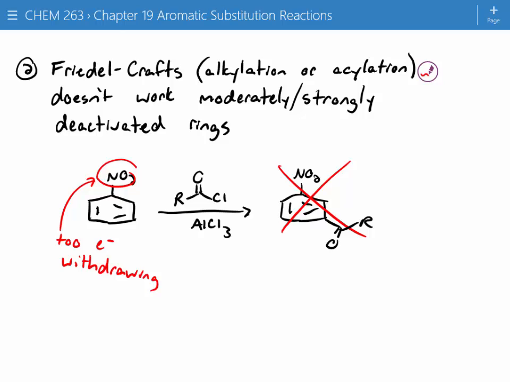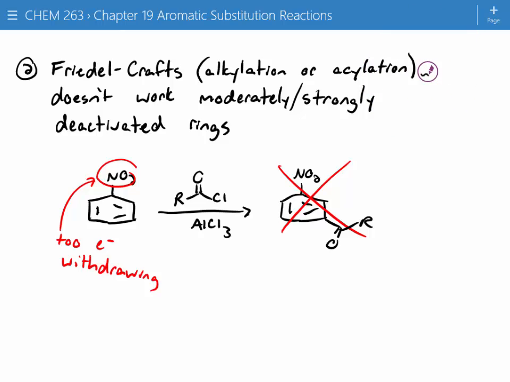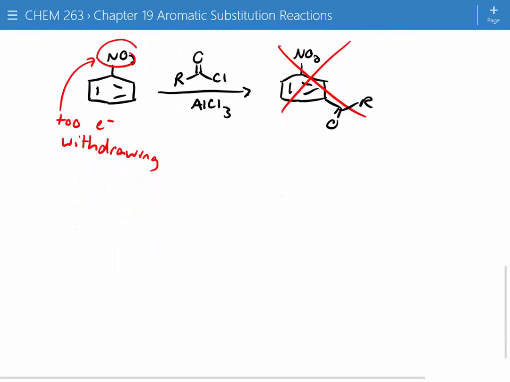All right. The other thing that's important to remember with synthesis is that it's very important to remember the order in which you add your substituents.